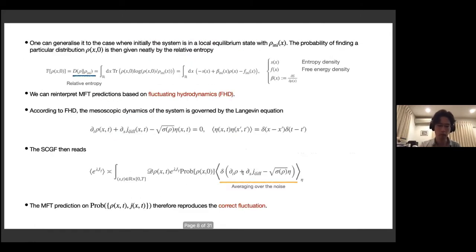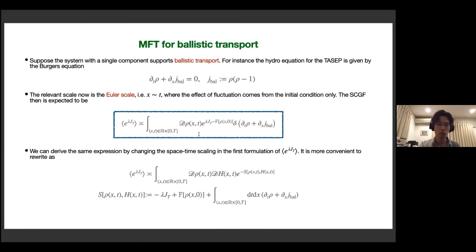I'm just trying to say that here is an MFT formulation for diffusive systems, and if you try to ignore the effect of noise coming from the dynamics, because in the ballistic case you don't really have to consider the fluctuation coming from noise, but the fluctuation is coming from just the initial condition only, things get substantially simpler because this is the scaled cumulant generating function that you can play with.